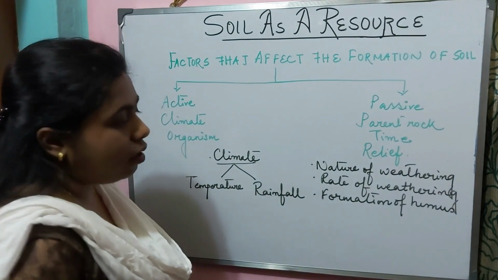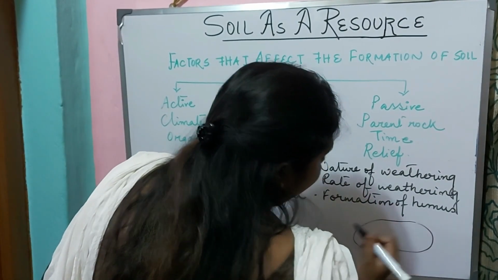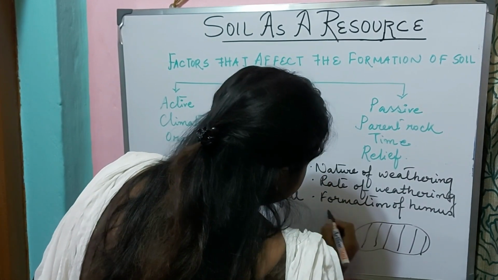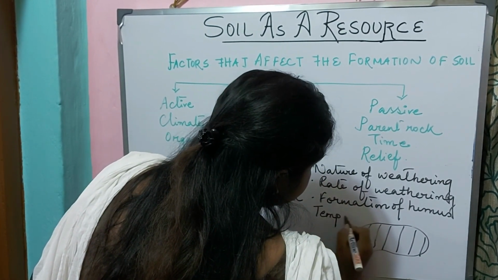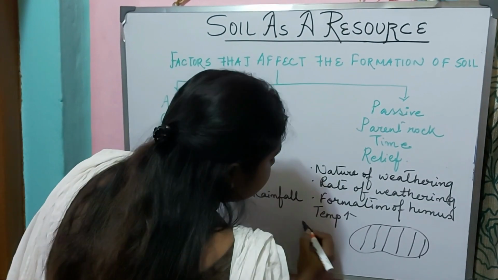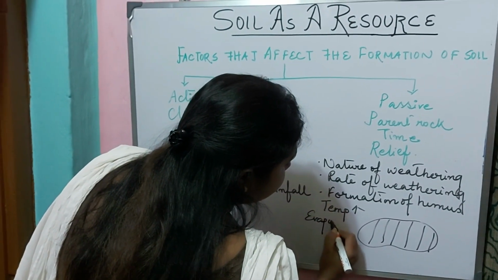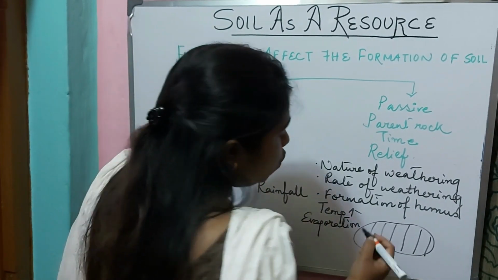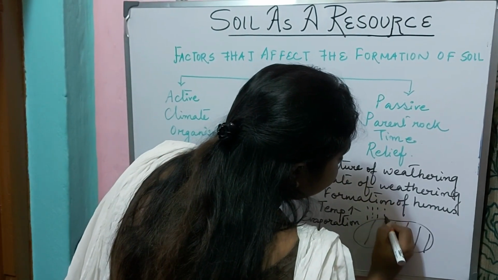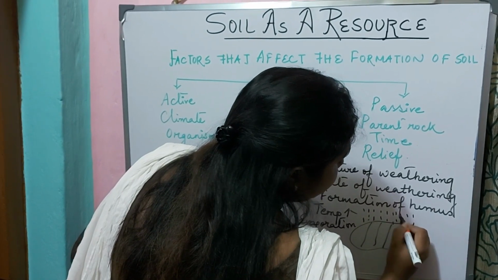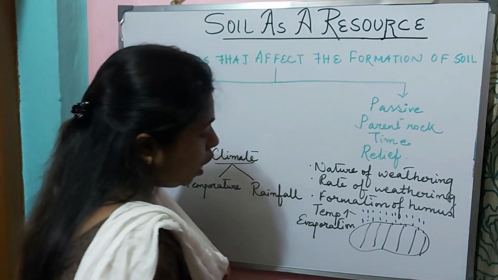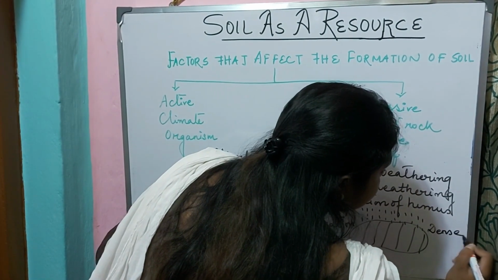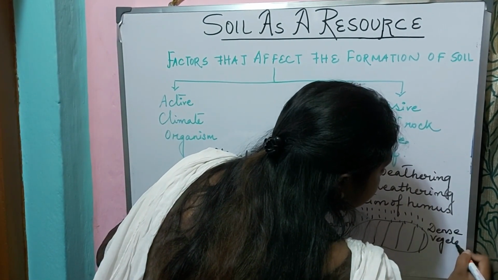In an area where the temperature is high, that means the rate of evaporation will also be higher, and it will lead to more amount of rainfall. So more amount of rainfall will help in dense vegetation cover.